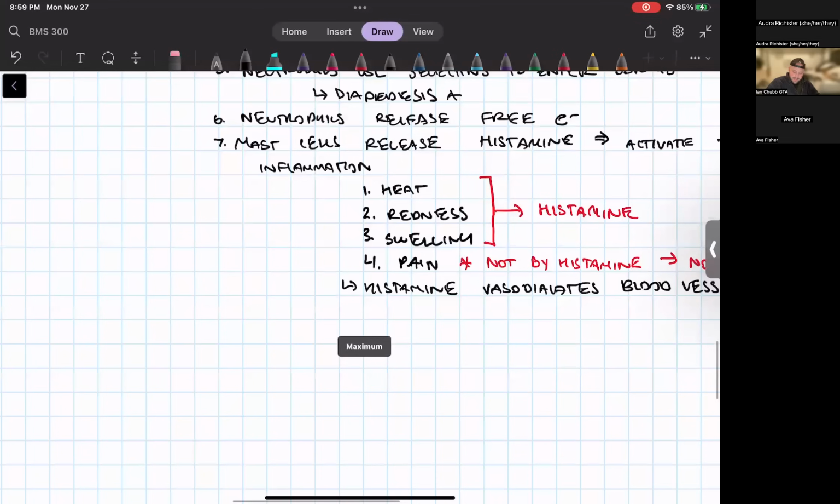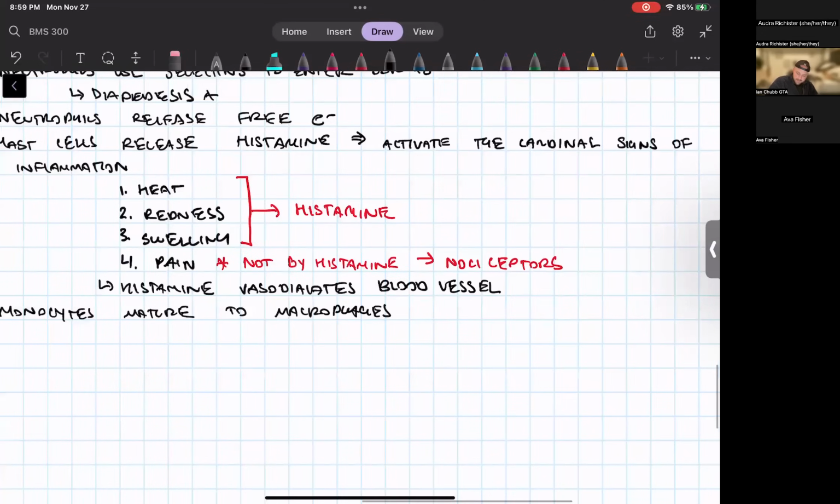cool. Last big one is we already kind of talked about, but the monocytes will come in. So monocytes will mature to macrophages and phagocytose stuff.